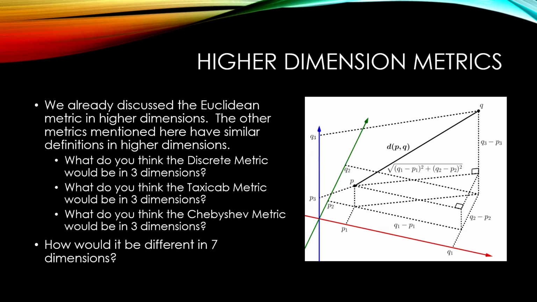Well, you would be adding up how you're going across in all 3 dimensions. And then the Chebyshev metric, that's going to be the maximum of the distance in the x, the y, and the z directions. It would be the same idea if we were to do it in 7 dimensions. At that point, it doesn't matter. We now have an idea for how all 3 of these different metrics work in addition to our standard Euclidean.